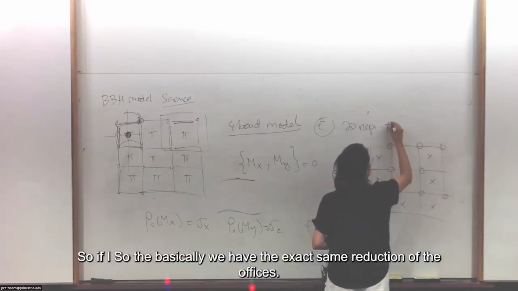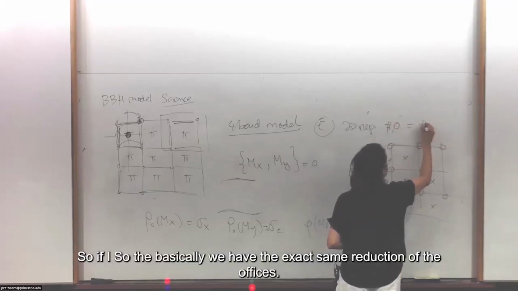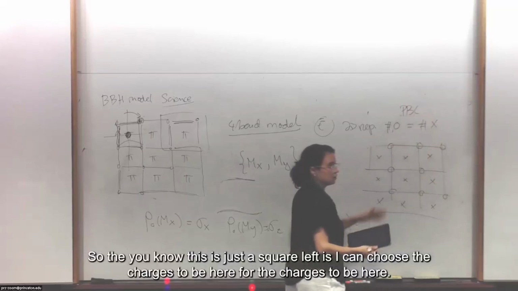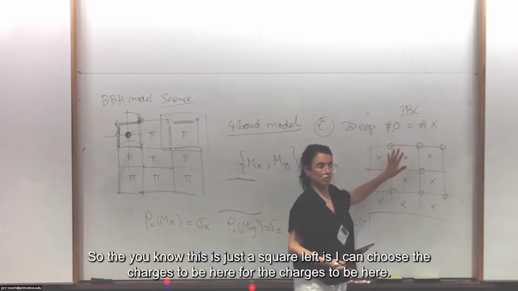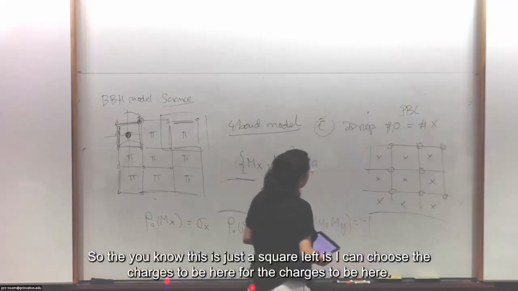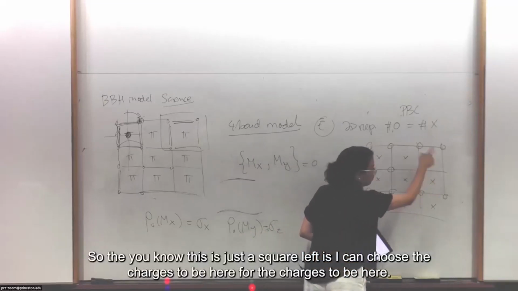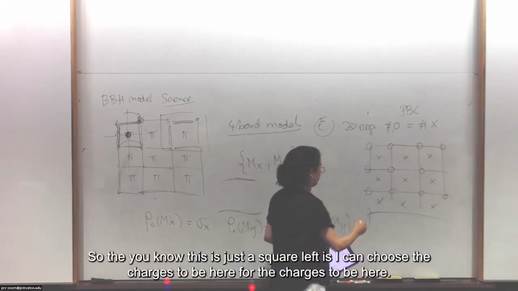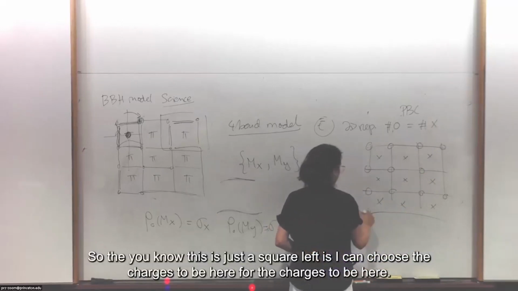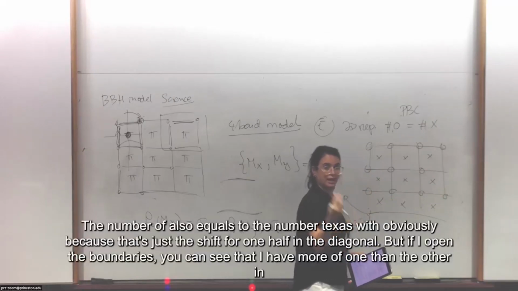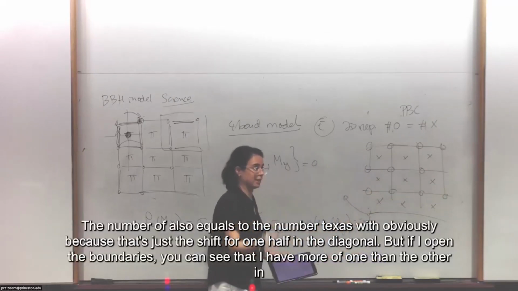The number of O's equals the number of X's with periodic boundary conditions, obviously, because that's just a shift of 1/2 in the diagonal. But if I open the boundaries, you can see that I have more of one than the other. In particular, the corner here, which was identified as a single site, becomes 4. And I have two filled states, so I'm going to have a problem.